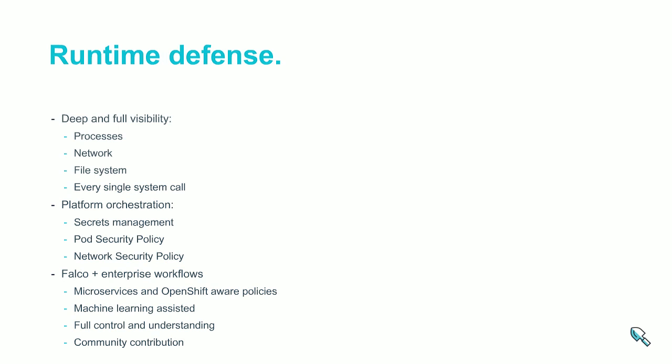Additionally, Falco is a very growing and fast-moving community, and we see contributions from different companies and organizations of new rules, of new use cases. So you can actually leverage those to implement your runtime security policy.